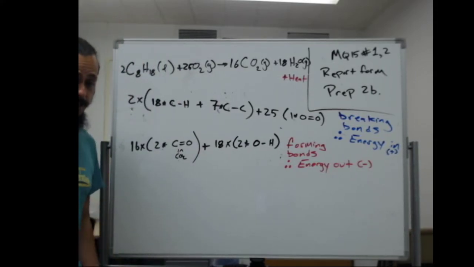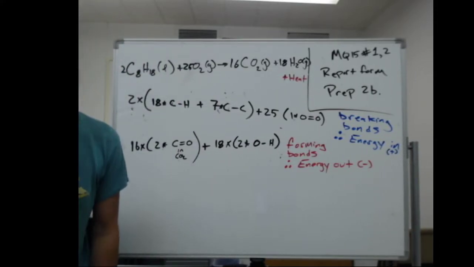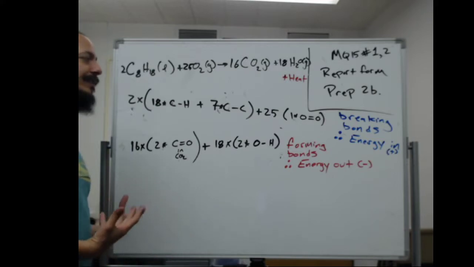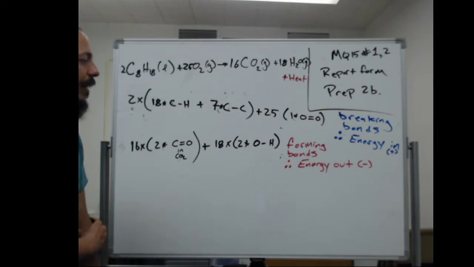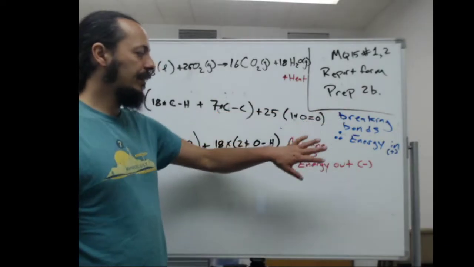This is different than the thermodynamic calculations you will do next quarter, where you're calculating a difference of a difference. Here, we are calculating just based off of bond energies and whether we are breaking bonds or forming bonds.